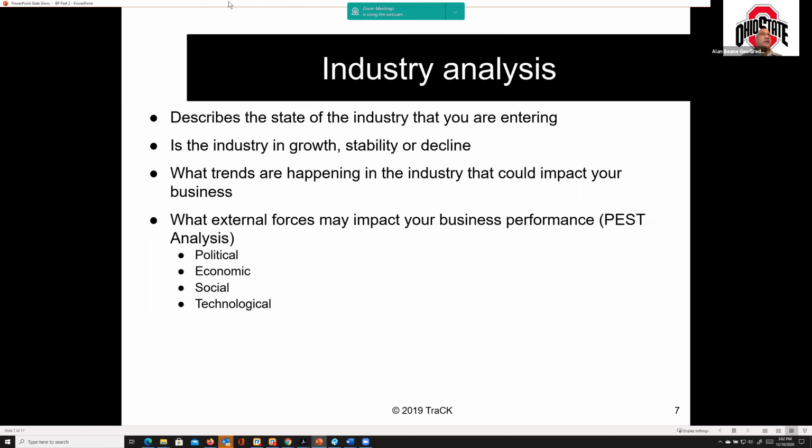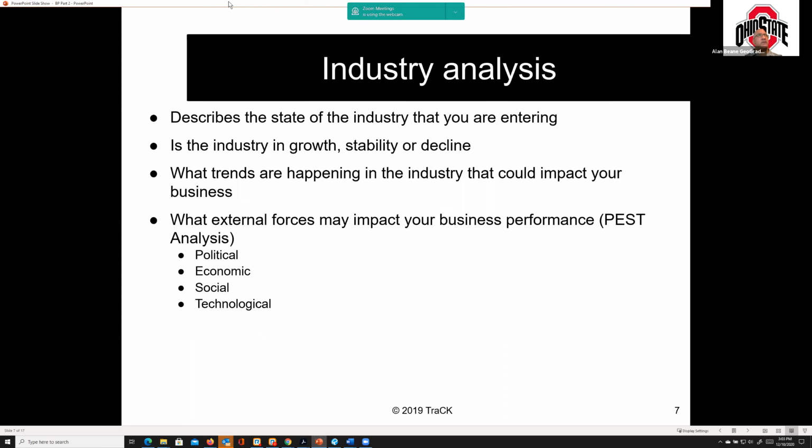So one of the things about being in business is you do a lot of forecasting, or to put it a different way, you're trying to predict the future. And so it's kind of good to work with the other economists and people that are also doing the same thing, to see if there's any information out there that would affect your business. So for instance, a common way to do that is doing what's known as a PEST analysis.